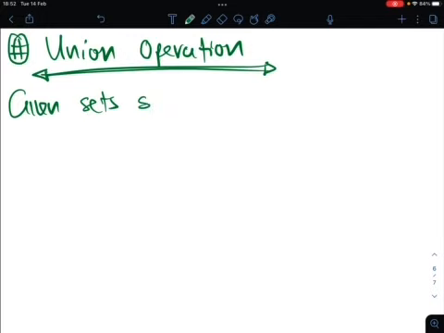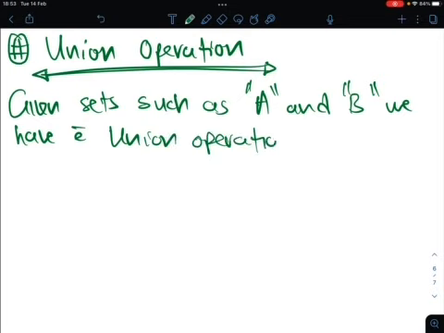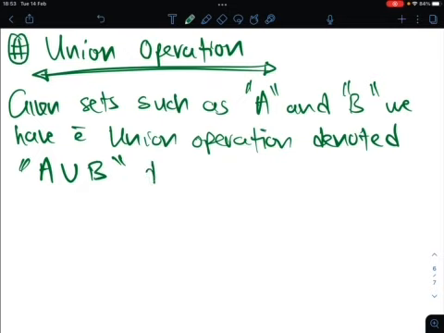Given sets such as A and B, we have the union operation, which is denoted as A union B, defined as follows.